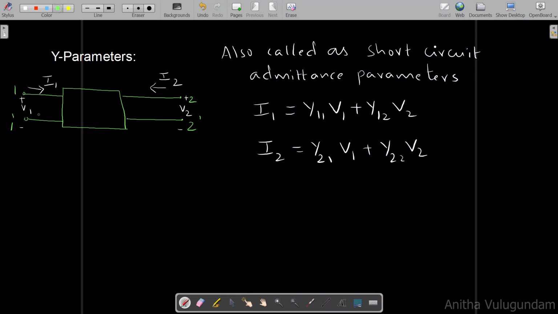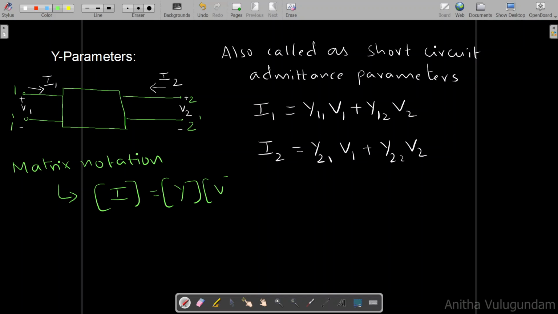Matrix notation of these two equations can be written as I equal to YV, where I is a column matrix with two rows and one column, and Y matrix is a square matrix, Y11, Y12, Y21, Y22.